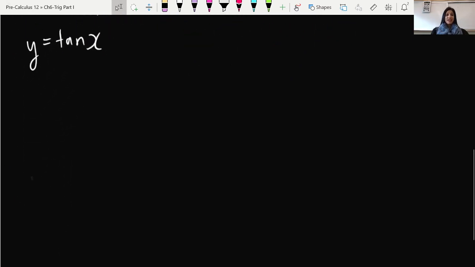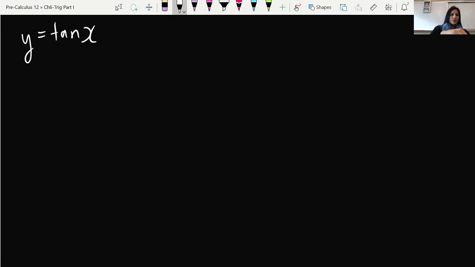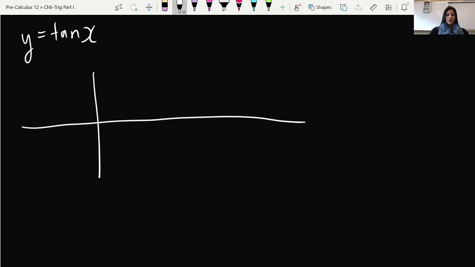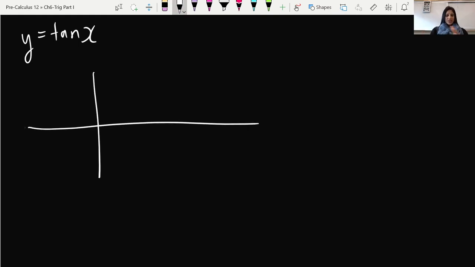Tan x, on the other hand, has a whole other thing going on. So when we go to look at tan x, I'm going to show you a similar type of thing, but I'm going to shift it over just a little bit when I go to graph this one out, because I need to go a little bit left into the negatives to help to really drive this point home. The most important or significant thing I would say with tan x is that it has asymptotes. To remind you, an asymptote is a line that the graph gets closer and closer to but doesn't actually ever reach that line.